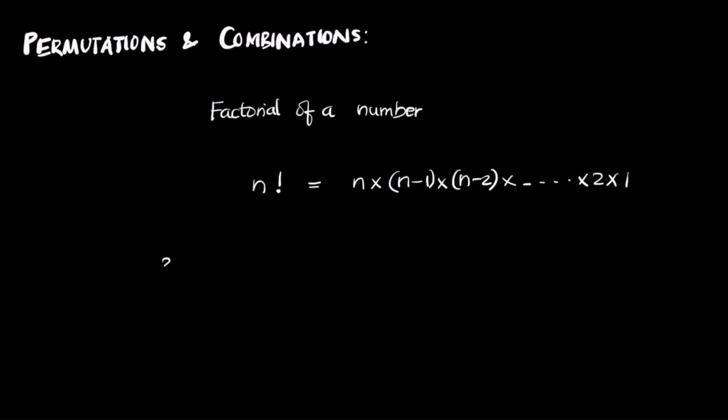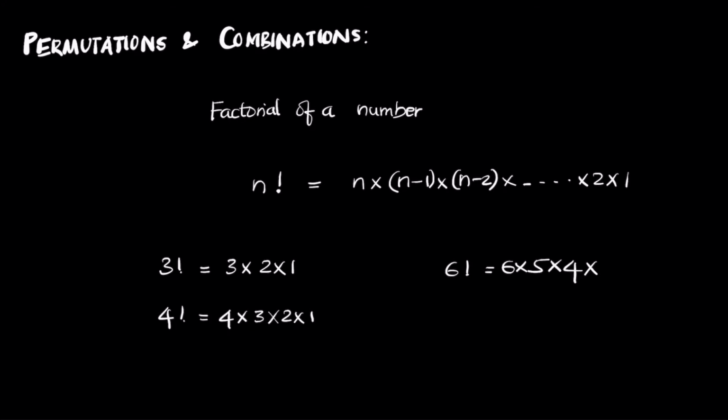So for example, 3 factorial is 3 times 2 times 1. 4 factorial is 4 times 3 times 2 times 1. 6 factorial is 6 times 5 times 4 times 3 times 2 times 1. So this is an example of the word factorial.